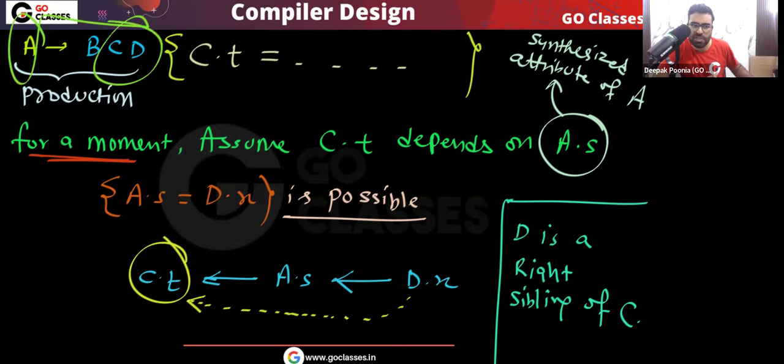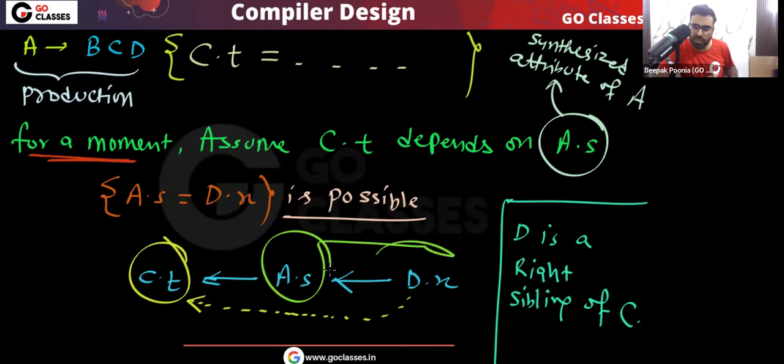A synthesized attribute can depend on children, so it can depend on D. So this synthesized attribute depends on D, and C depends on the synthesized attribute of the parent. So indirectly, C is depending on the right sibling. I hope you understood this point.